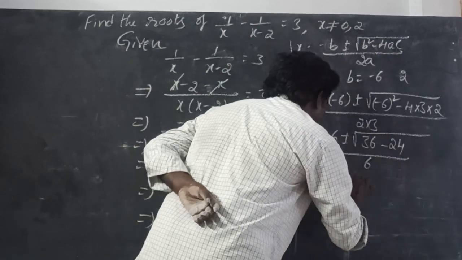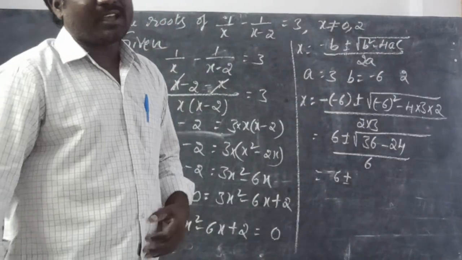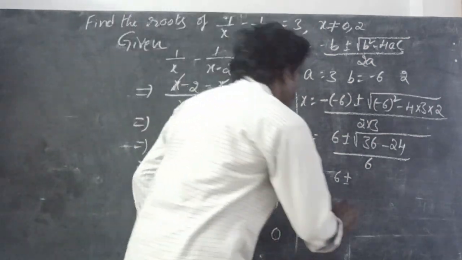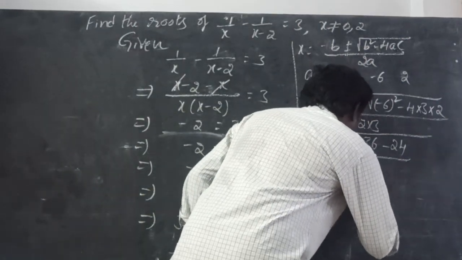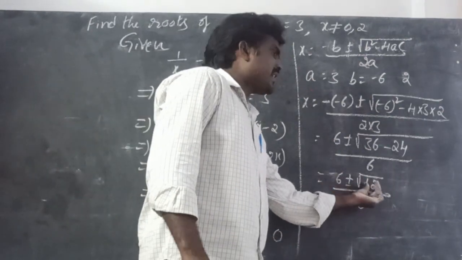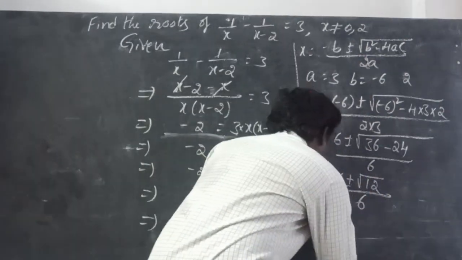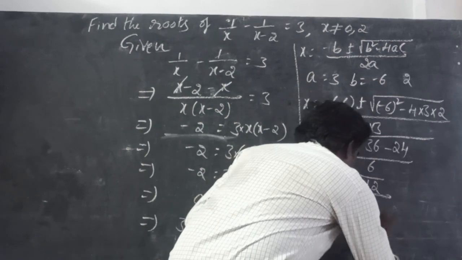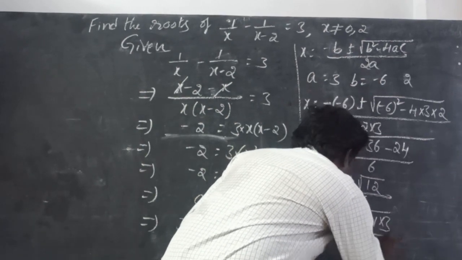So 6 plus or minus square root of 36 minus 24. How much? 12 by 6. So how can we write 12? 4 times 3. So that is 6 plus or minus square root of 4 times 3, by 6.